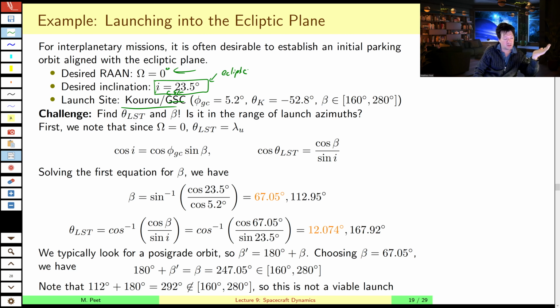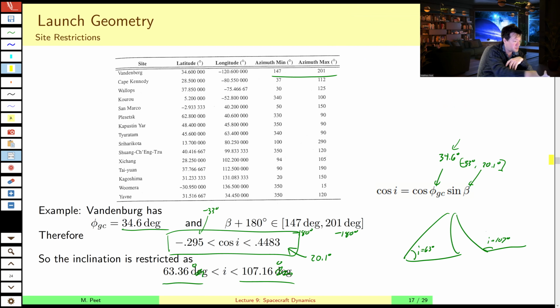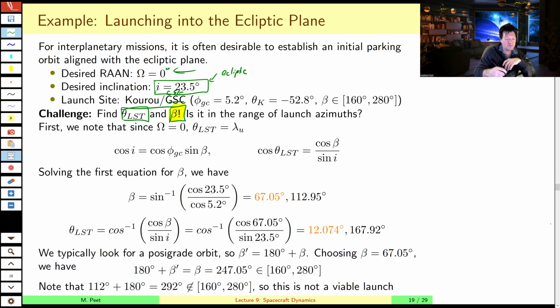And particularly, does that launch azimuth correspond to one of the acceptable ranges of launch azimuth? So if we look up Kourou on the tables, there's Kourou. The range of acceptable launch azimuths is 340 to 100 degrees.